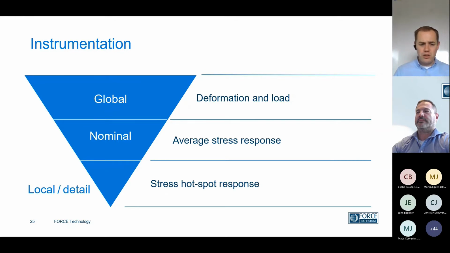Instrumentation or measurements are what give us the data that we're able to learn from our test programs and then actually do computations with. I've broken down the data that we're receiving from a test program into 3 levels. First, global: how is the overall test specimen behaving? Then nominal: what would be our average stress response, the stress response occurring away from any stress concentrators? And then a local detailed level, a hotspot stress response.